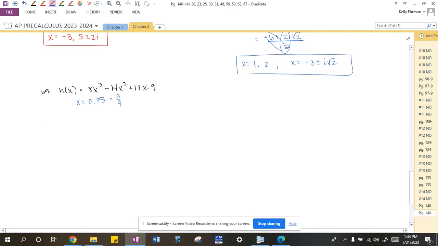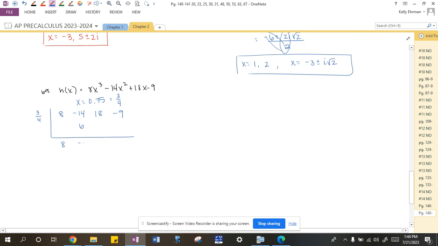I'm going to do synthetic division on this. So put 3/4 outside of your synthetic division. Line up your coefficients. Drop down 8. So remember, you're doing 3/4 times 8. So you can really do 8 divided by 4 is 2, times 3 is 6.